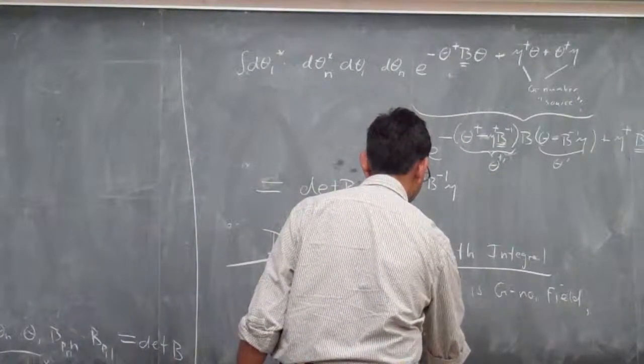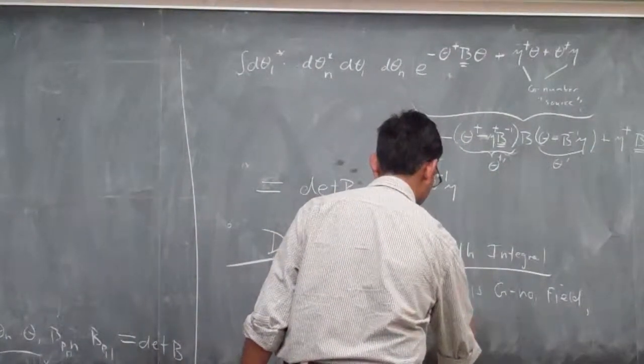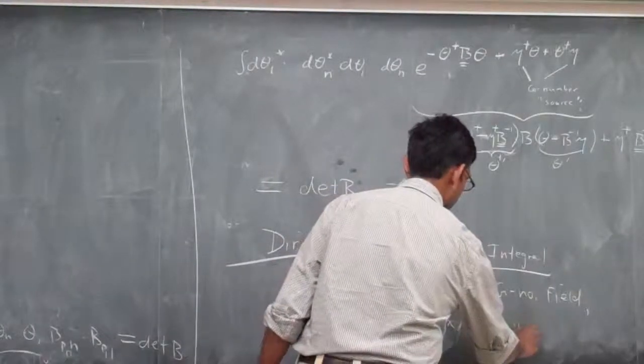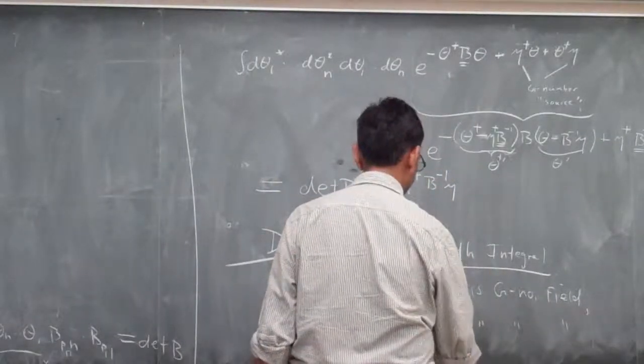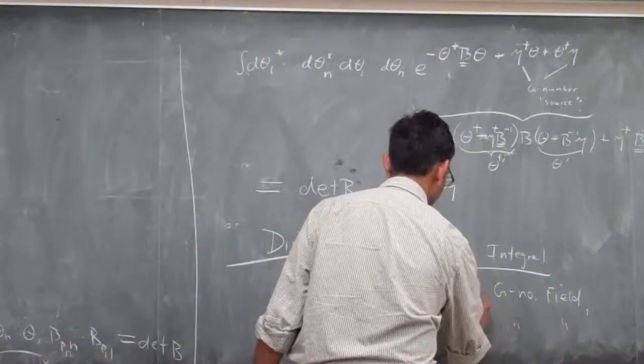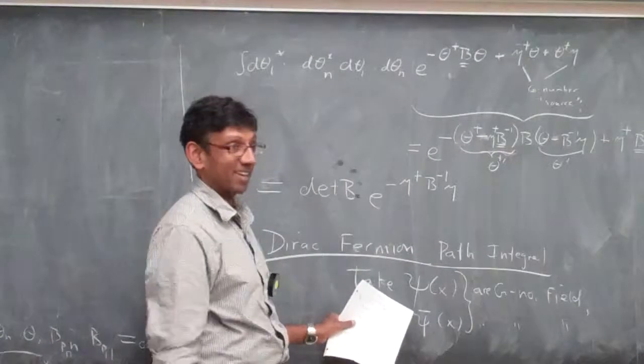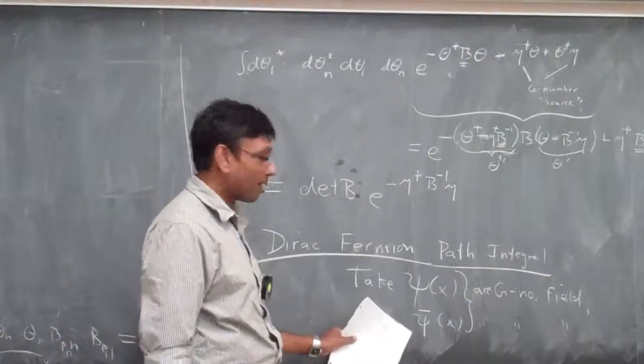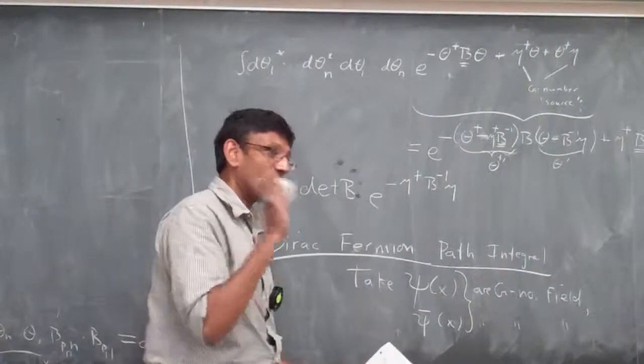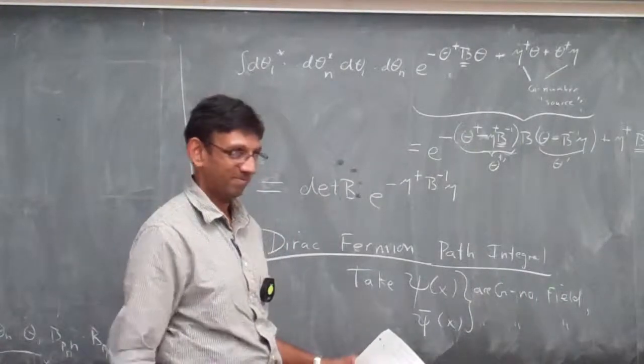And the psi bars, both of these are, crucially, psi and psi bar anti-commute with no h bar, delta function, nothing.